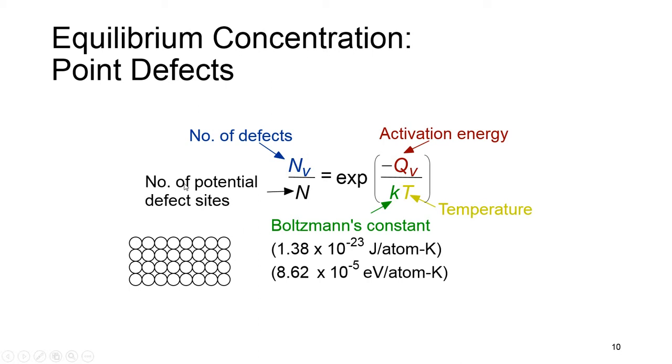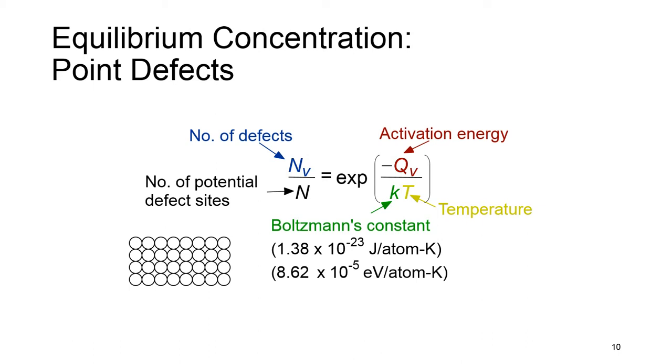For the number of potential sites, say, as an example, if we have 36 atoms, each lattice site is a potential vacancy site. So for these 36 atoms, we have 36 potential defect sites. So the value of N for this one is going to be 36. The value of Q_V is either given or can be found from tables. K is the same. Temperature is given in the example. So we solve a problem regarding this.